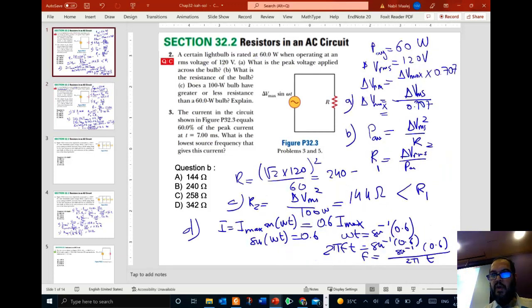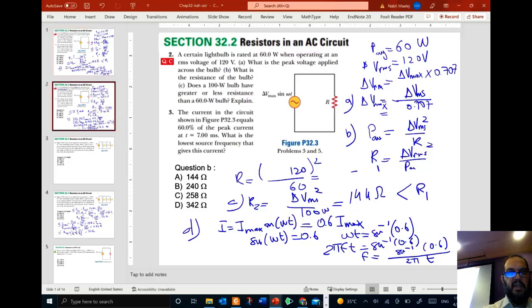So we used P average is delta V RMS squared divided by R. So delta V RMS is going to be 120, so this would be 120 squared divided by P average 60.